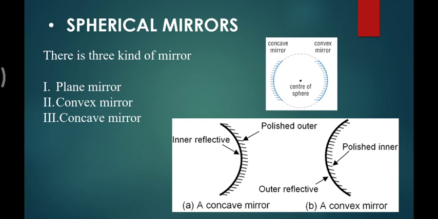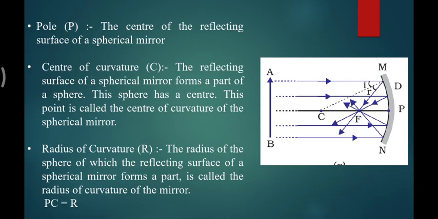Very clear, very easy. Now back here, the center C is nothing but the center of this sphere from which our mirror is cut. The reflecting surface of the spherical mirror forms a part of a sphere. This sphere has a center, named as center of curvature, represented by capital C. It is very clear for you now.